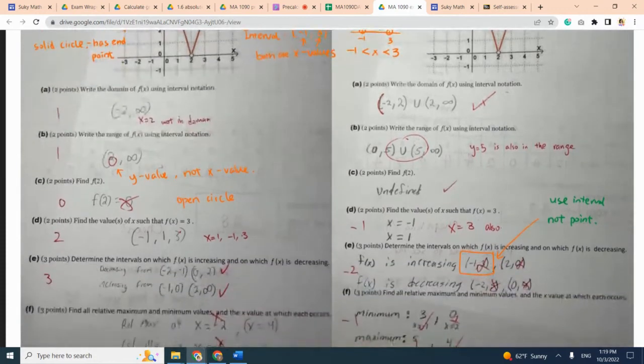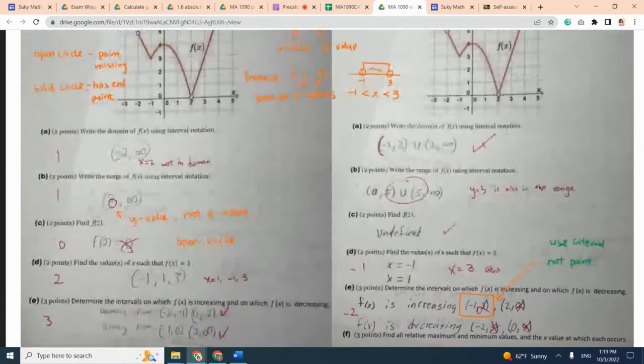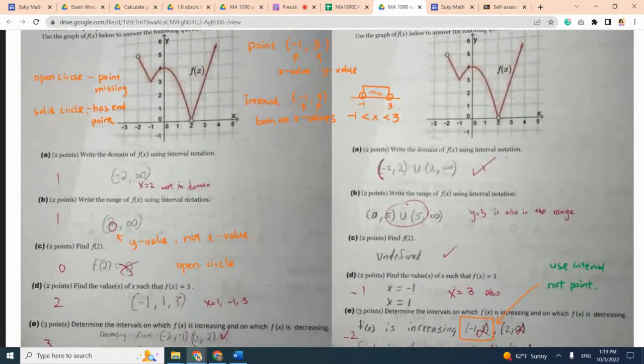And here, many of you make this mistake. Some of you just answer "is increasing on that point." Yes, it's increasing after that point, but you don't answer the point, you answer the x interval. That's why it's from -1 to 0, not (-1, 3).